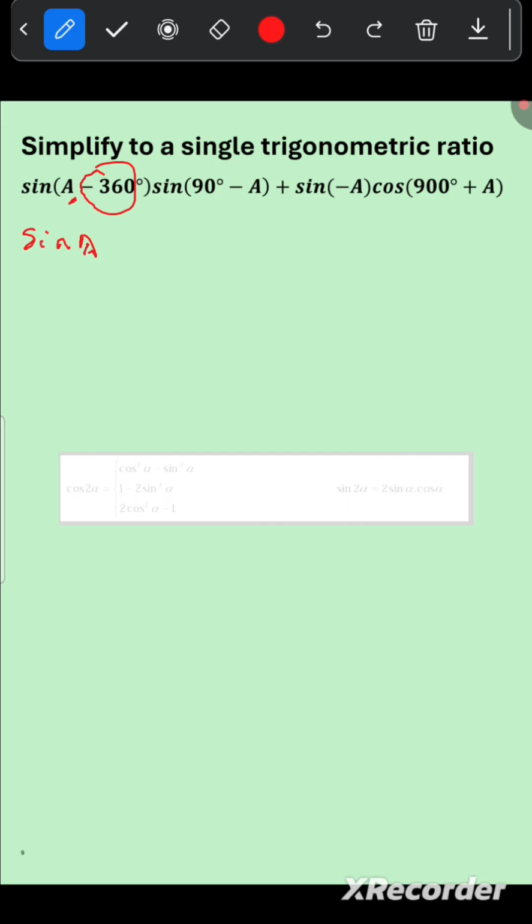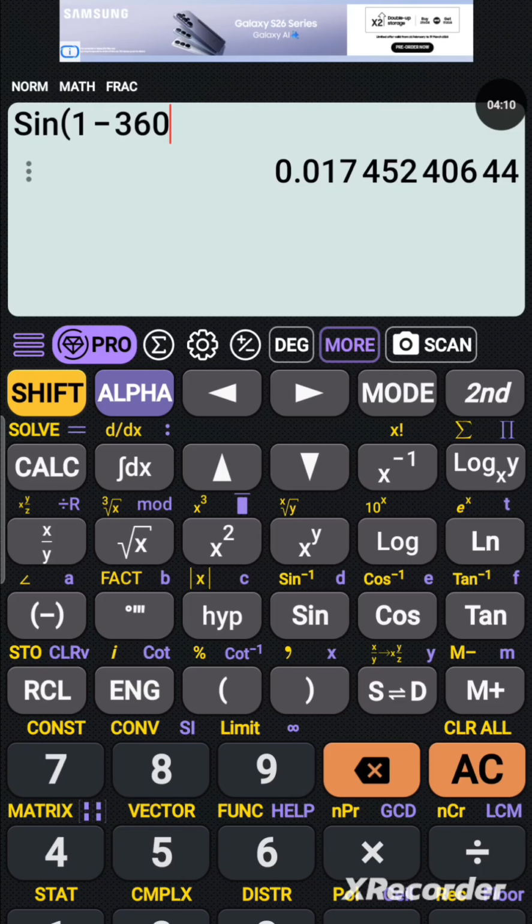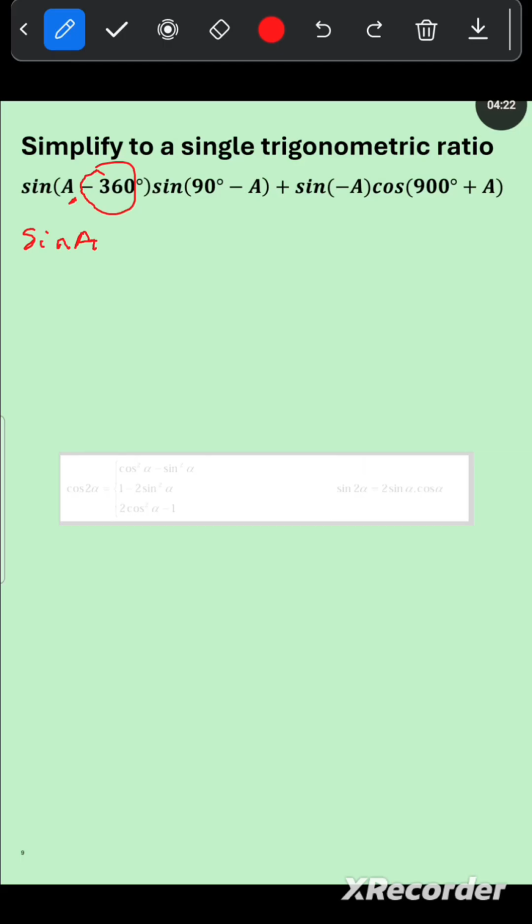Then determine whether it is positive or negative. To determine that, you go to your calculator. In the calculator, in the place of a, I have replaced with 1 and I get a positive answer. And since I got a positive answer, it means the trig ratio is positive.